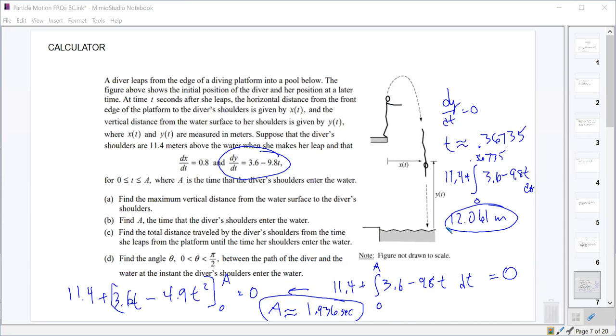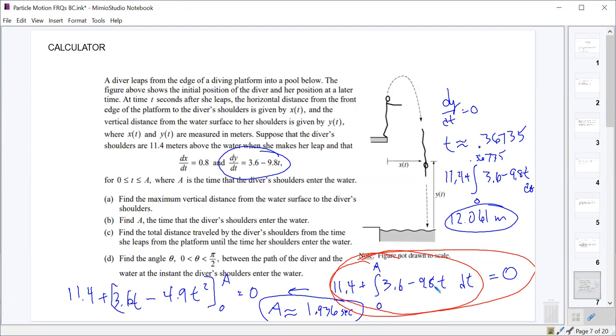And so the position of 0, and so we wrote an equation that represents the position of the diver's shoulders, which is the initial position plus the integral from the initial time of 0 to some value a, which is when we want to hit the water, of the y component of our position, dy dt. And we set that equal to 0 because we want to know when the diver's shoulders hit the water, which would be a height of 0. So this is a representation of height, and we've just set it equal to 0.